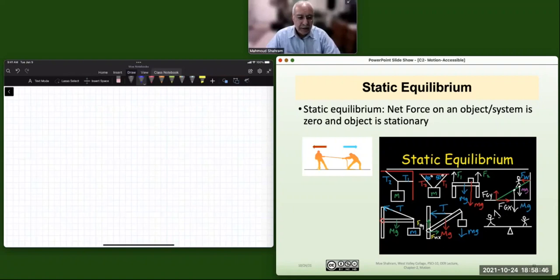They're all balancing each other, and these objects are in static equilibrium. So, for example, if you do a tug of war, and if both forces in both directions are the same, that system is in a static equilibrium.